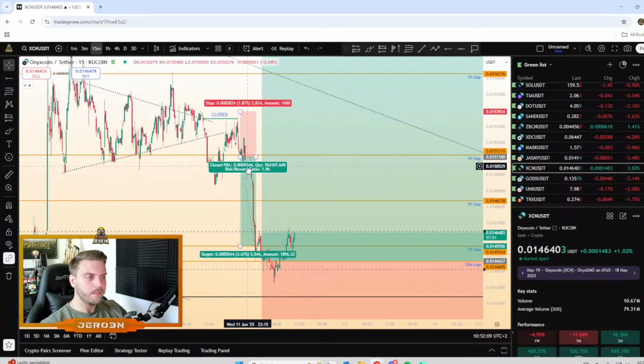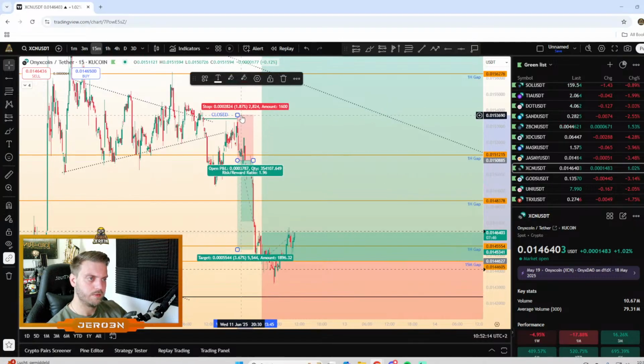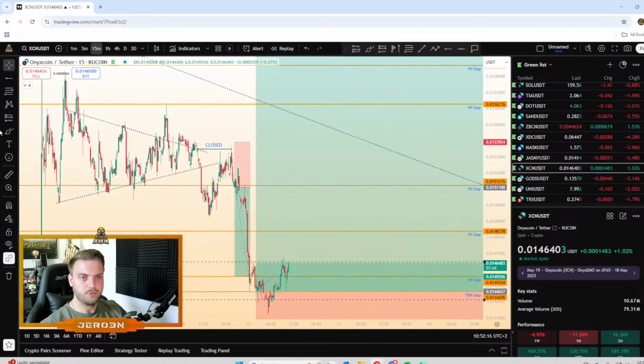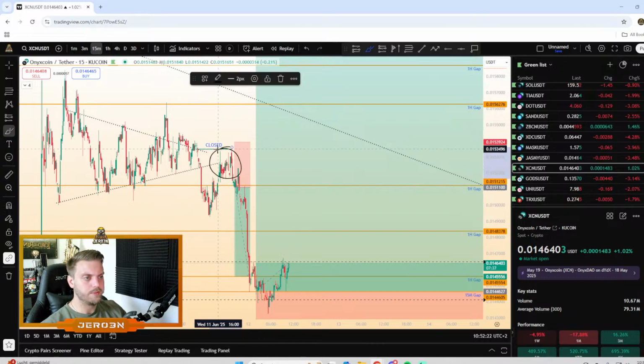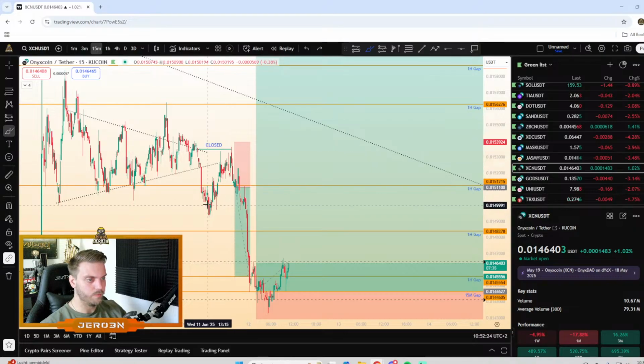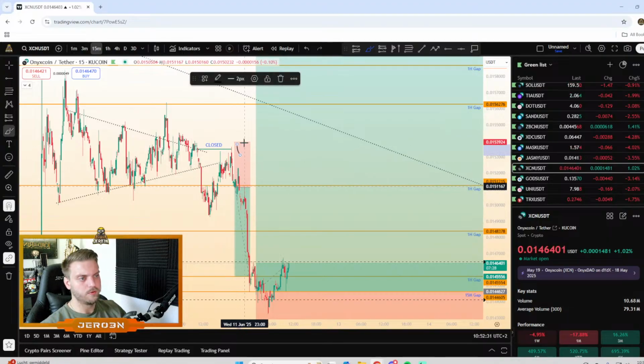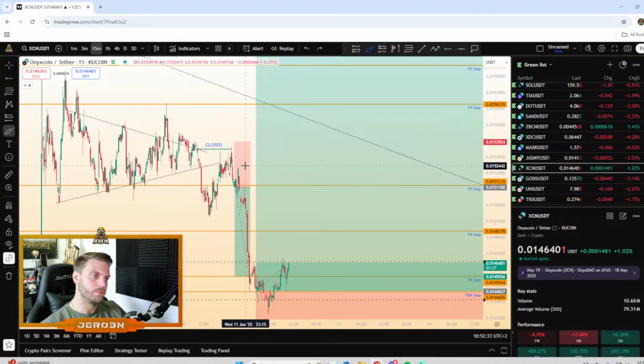Right now we had 3.7% profits because I saw this too late and I entered it somewhere last night. So I did see it a bit too late, but when I saw it creating that retest in here, I entered with a stop loss above here.